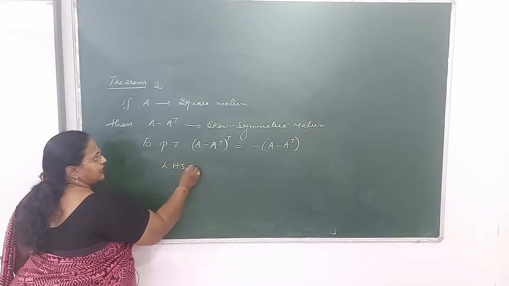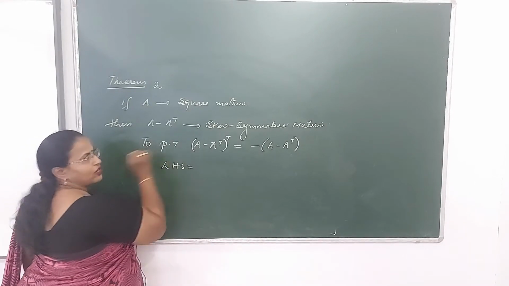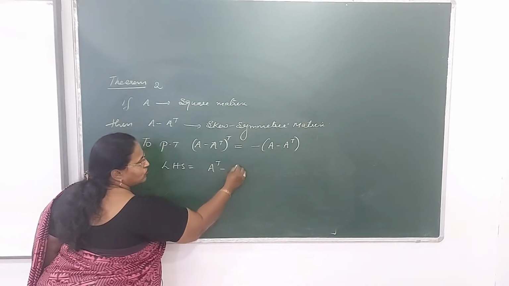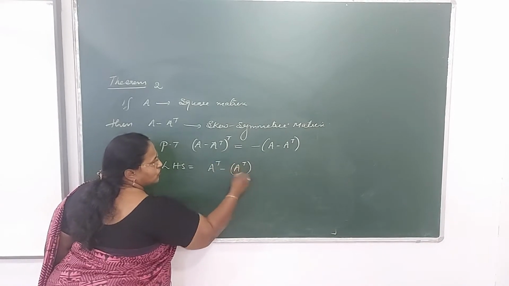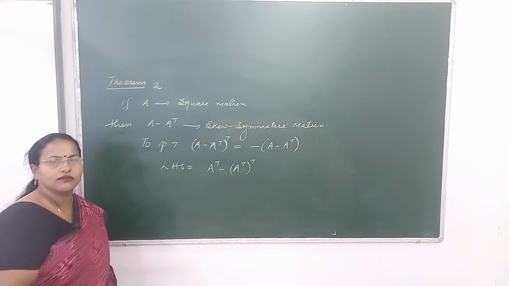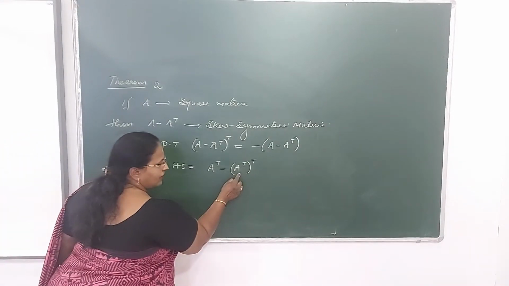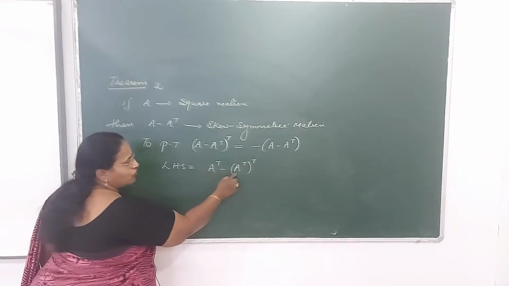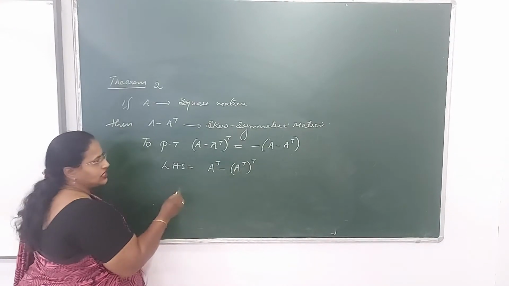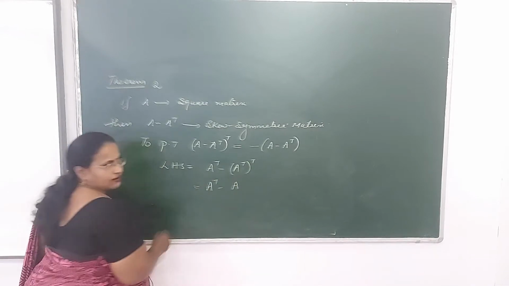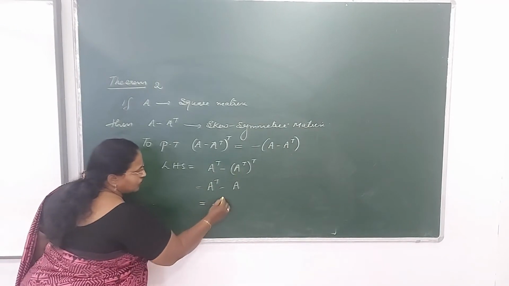Take the left hand side, apply the property of transpose here. So this will give A transpose minus A transpose whole transpose. Okay. Now once again we'll apply the property. We know that transpose of A transpose is A. So A transpose minus A. You can take the minus sign common.